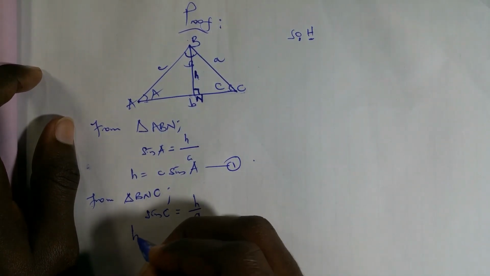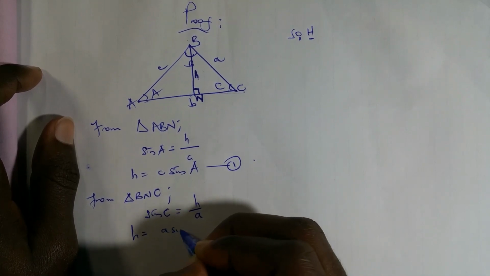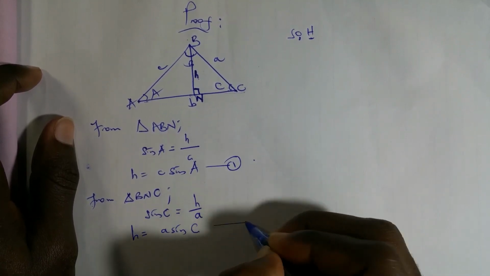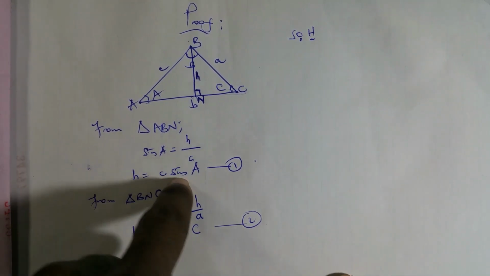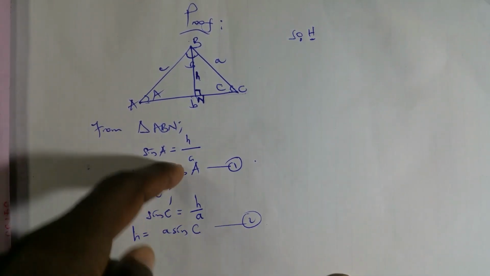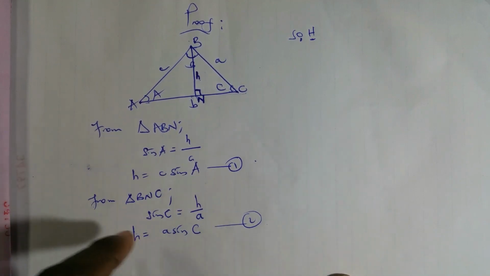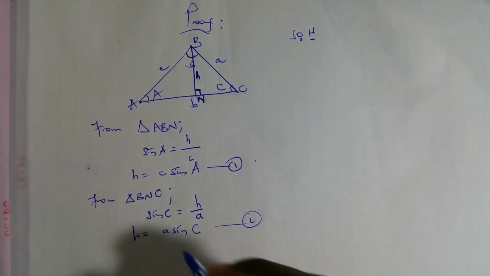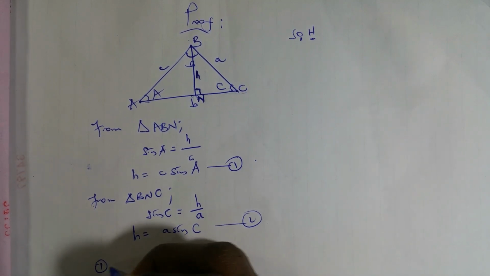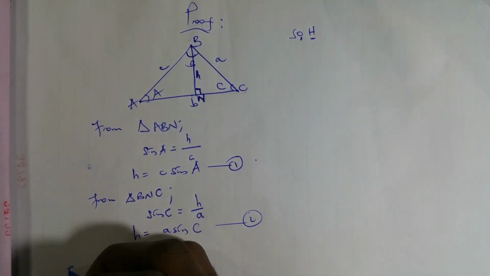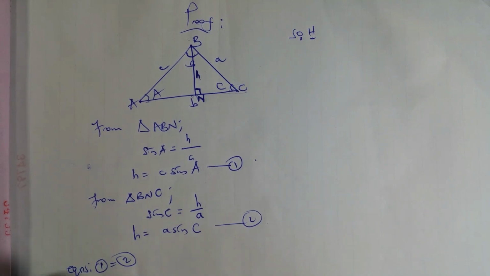That implies our h equals a sine C. Equation 2. As you can see, equation 1 and 2 are equal. Since h equals to that and also h equals to this, that means actually these two, c sine A and a sine C, are equal. So equations 1 and 2 are equal.